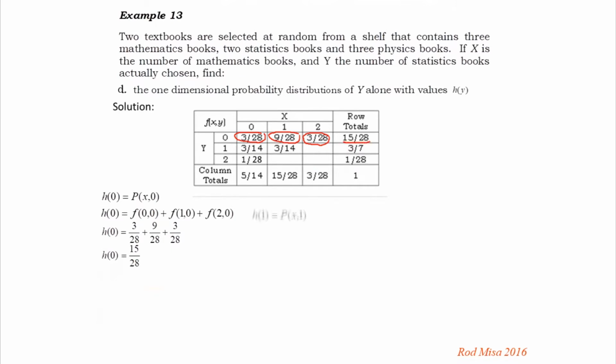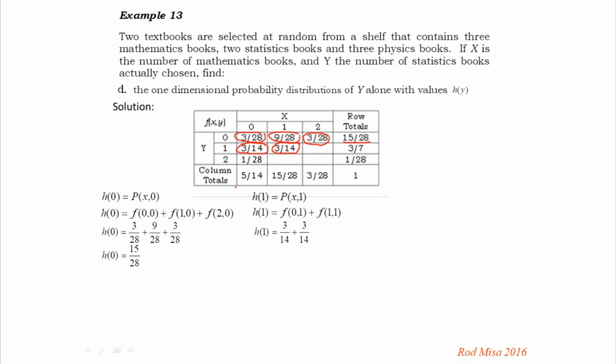And also for our h of 1, when our random variable y is 1. This can happen when your y is 1 but your x is 0, and also when your y is 1 but your x is 1. So enumerating these probabilities, we have 3 over 14 and another 3 over 14.